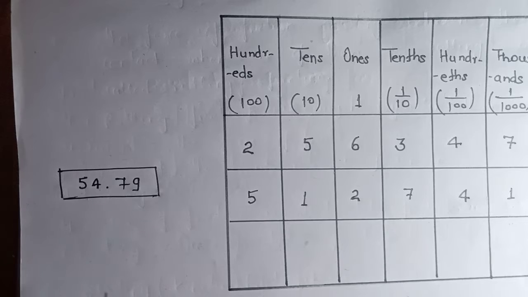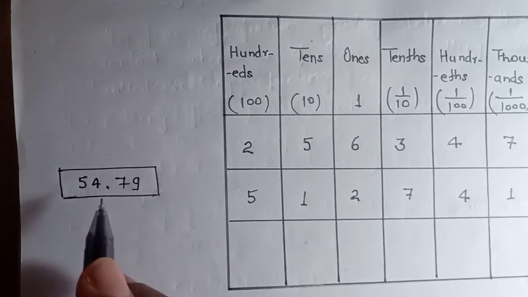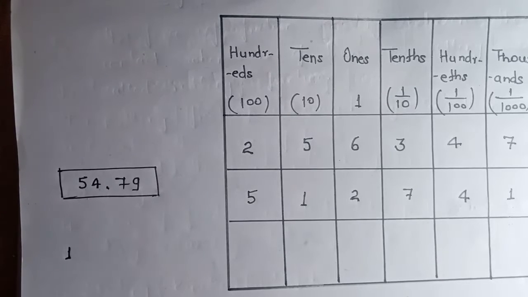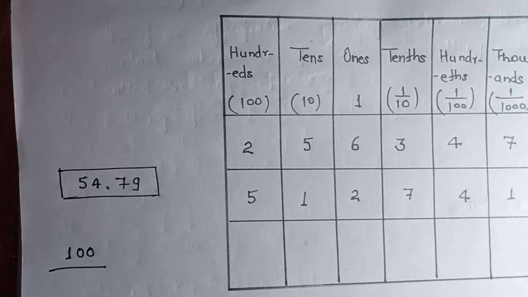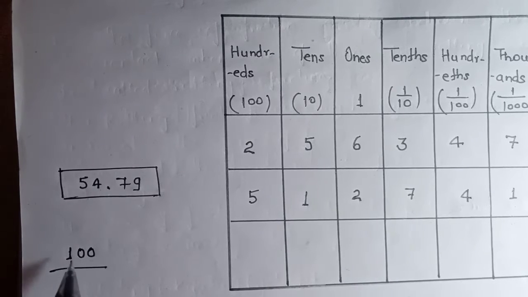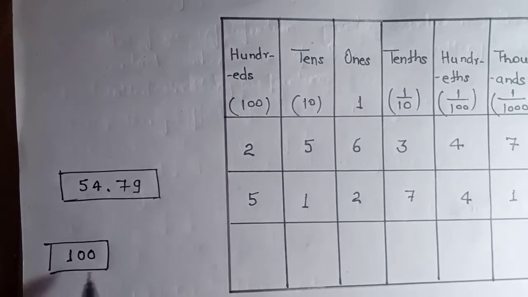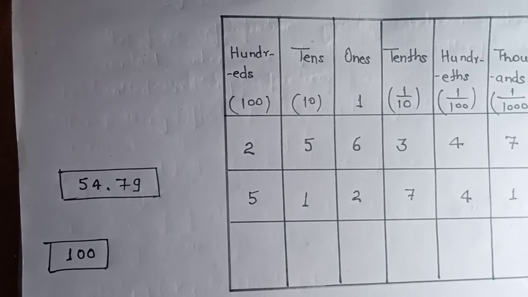So for that, you can see there are 2 digits given after the decimal. Write 1 and write 2 zeros after 1. This is the number by which we need to multiply and divide.